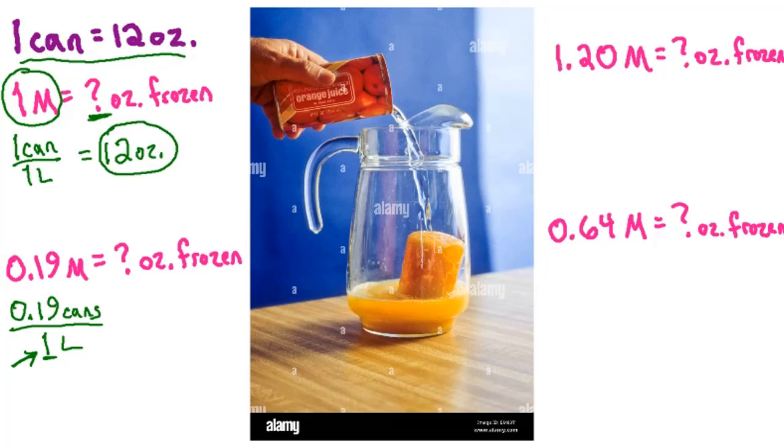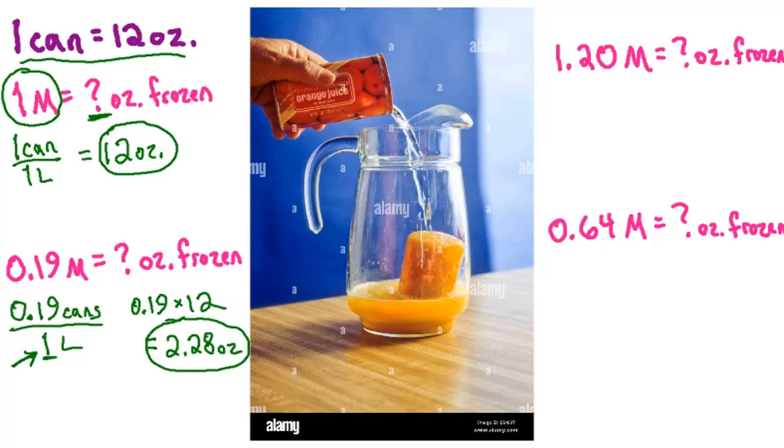So a molarity of 0.19 means 0.19 cans in 1 liter of water. So if we have 0.19 cans and each can is 12 ounces, then we need to take 0.19 cans times 12 ounces per can, and that gives us 2.28 ounces in this pitcher of orange juice that you made.